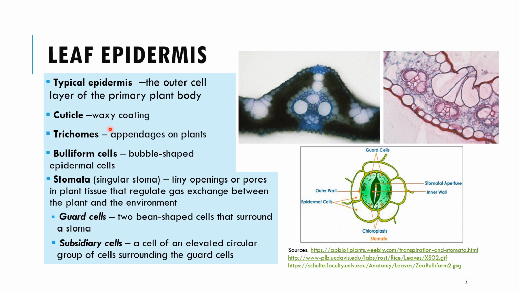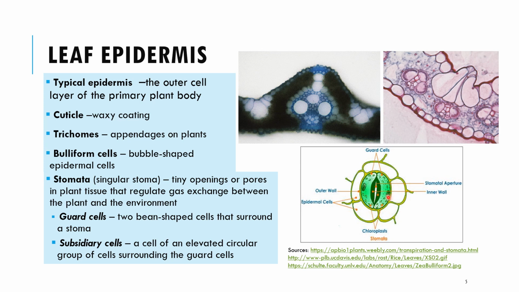Guard cells and subsidiary cells are specialized cells in the epidermis layer, and we can find them in the leaf, stem, and other organs too. Guard cells are the two cells that you see in this picture.